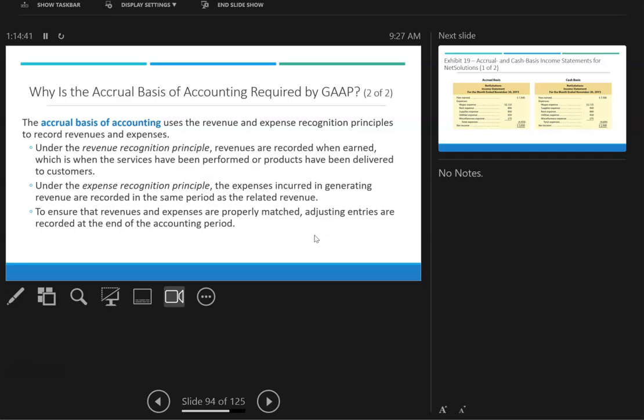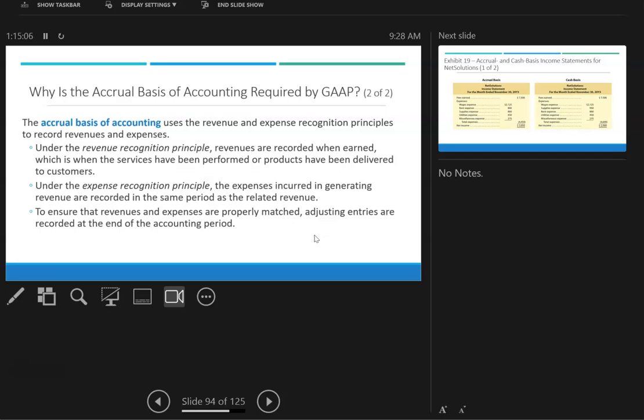But we're not matching and really showing what really happened during the period. Because sometimes we can earn income even though we didn't yet receive it, or we can have expenses that we actually didn't pay.